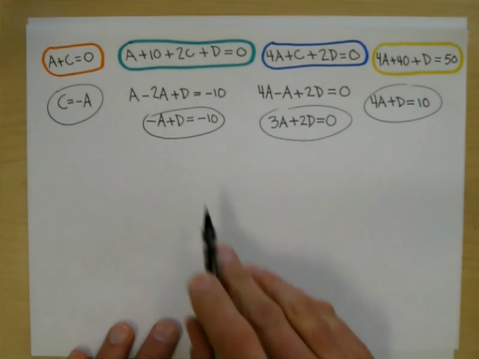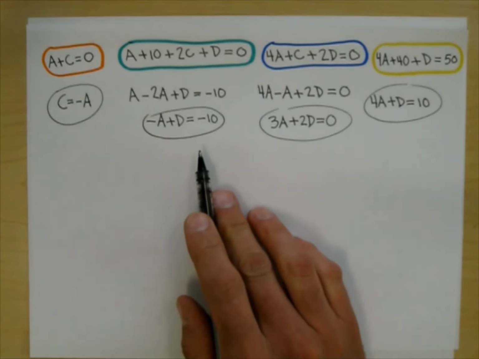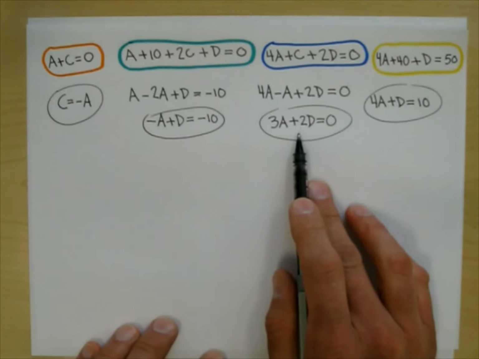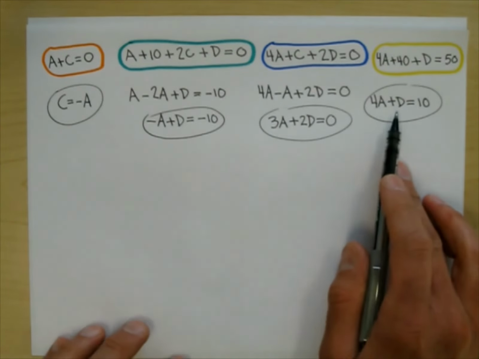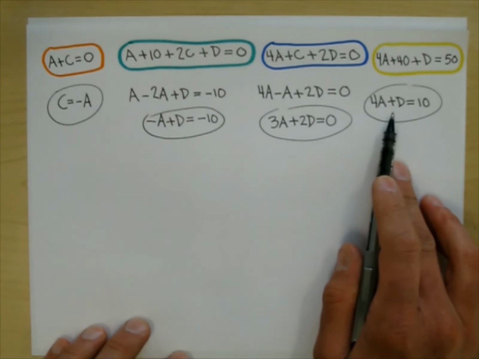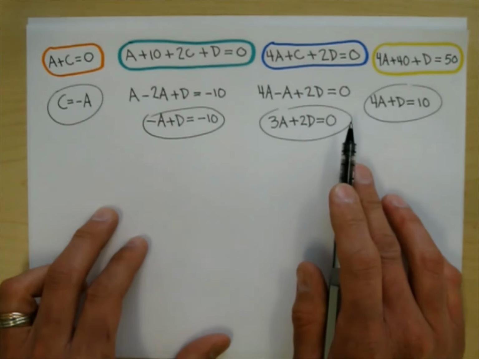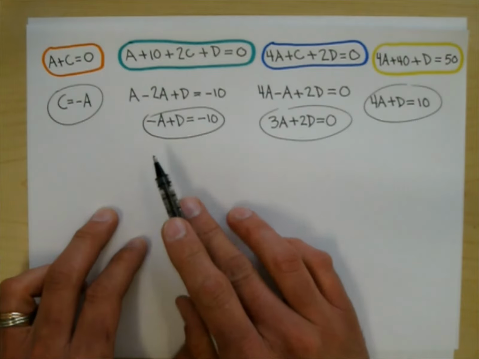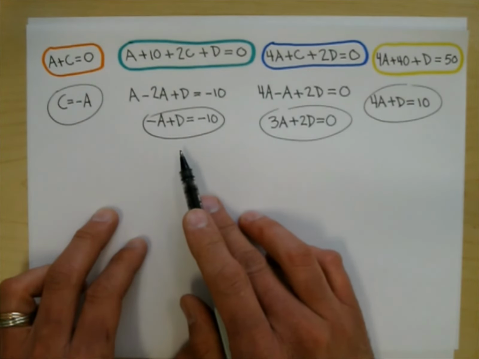Now what do we have? We have A's and D's and A's and D's and A's and D's. Amazing. And we don't have B's because we solved for it with our chipping away method.